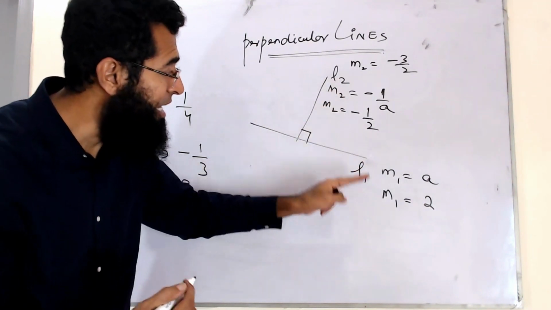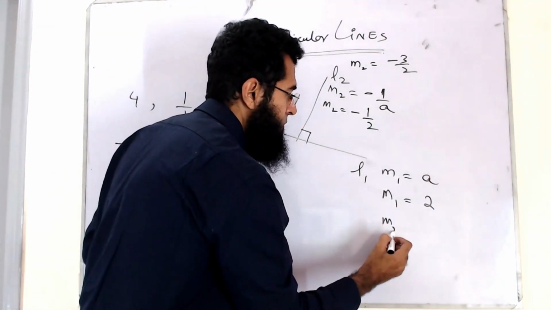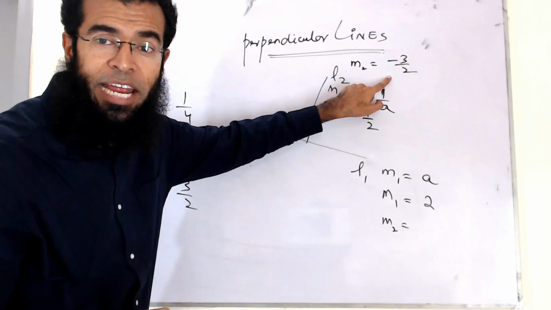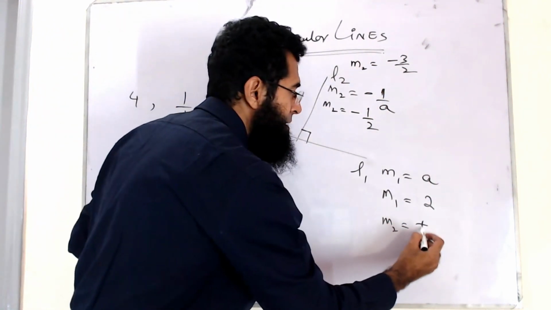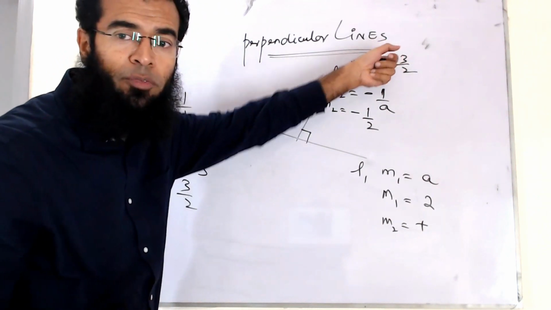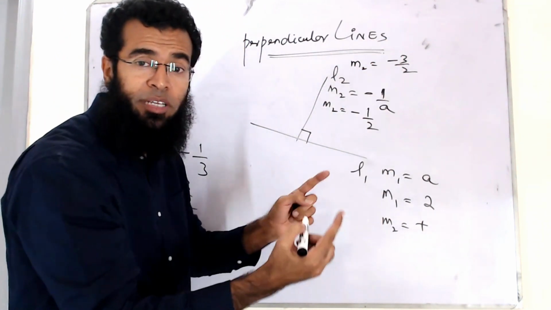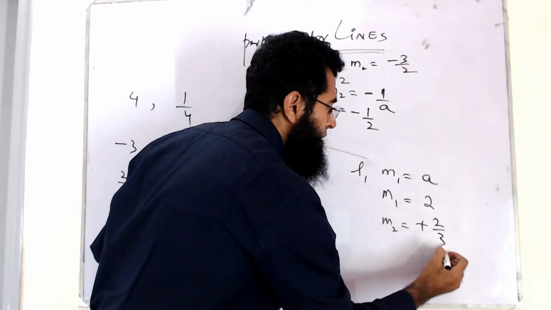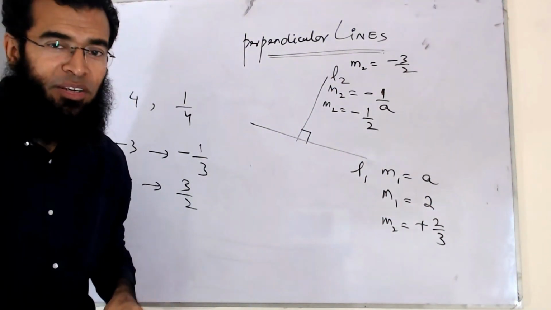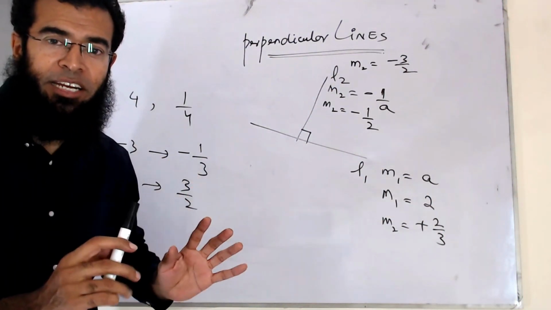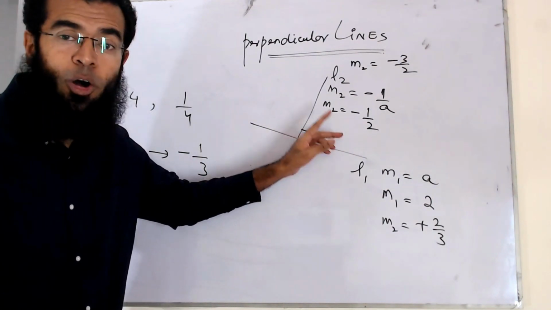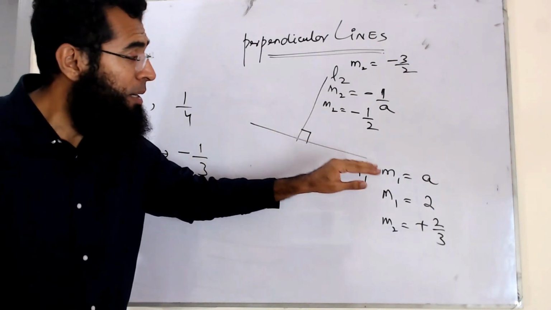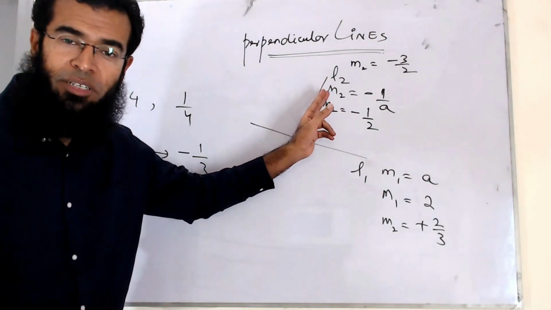So the gradient of line L1 will be, we multiply with a negative sign, which means the sign will be reversed. So this will be plus, and we take the reciprocal of 3 over 2, which is 2 over 3. So I hope the concept of gradient is pretty clear. Please don't forget the property that the gradient of perpendicular lines is negative reciprocal of each other, right?